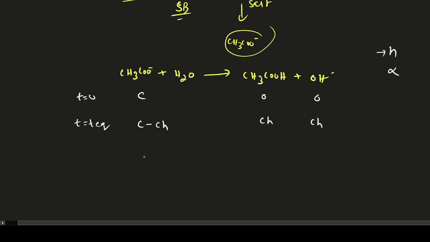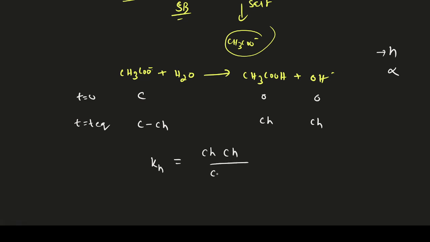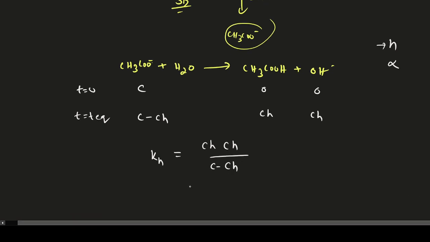So now if we write that equilibrium constant, since this is hydrolysis, we write Kh equal to C h times C h over C (1 minus h).